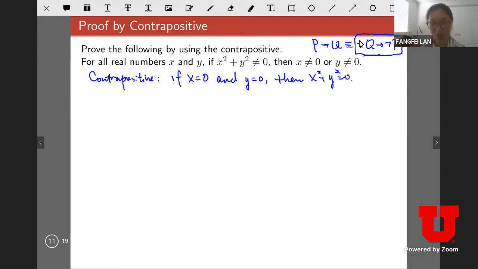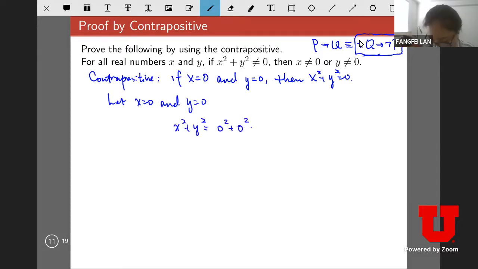Yep, that is the contrapositive statement. And that's simple to prove, right? Let x equal 0 and y equal 0, then x squared plus y squared becomes 0 squared plus 0 squared, which is 0, right? And that's QED there.